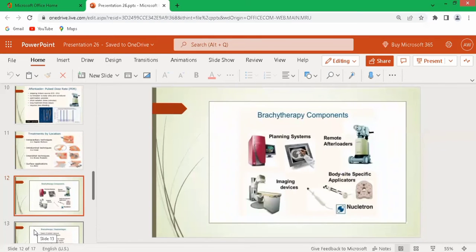Brachytherapy components. Some components are the planning system, remote afterloaders, imaging devices, body site specific applicators, and sources.